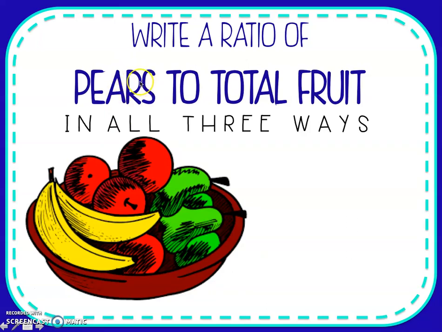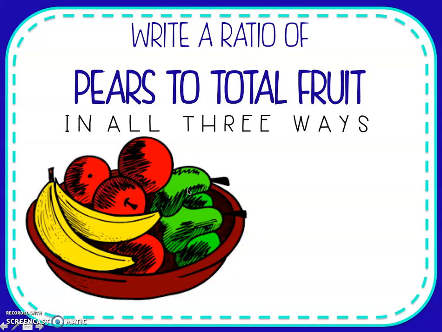It says write a ratio of pears to total fruit. Okay, so if we count, there are 1, 2, 3, 4 pears, but it says total fruit, so we need to count everything that's in the bowl, and that's 1, 2, 3, 4, 5, 6, 7, 8, 9, 10 pieces of total fruit.